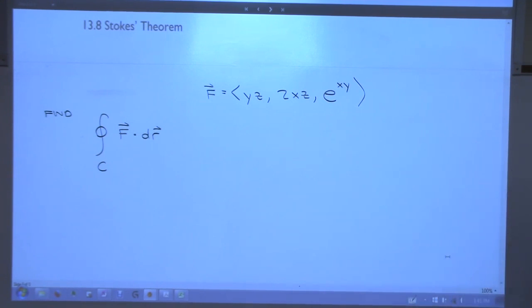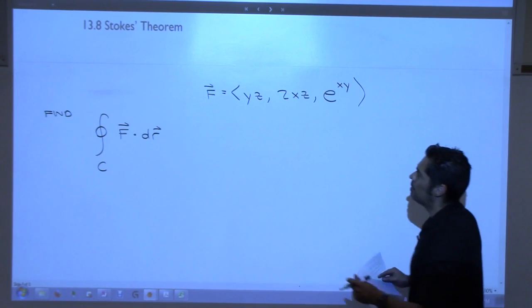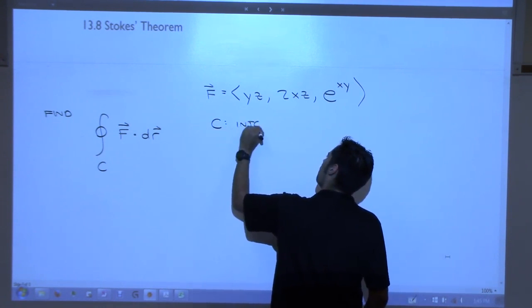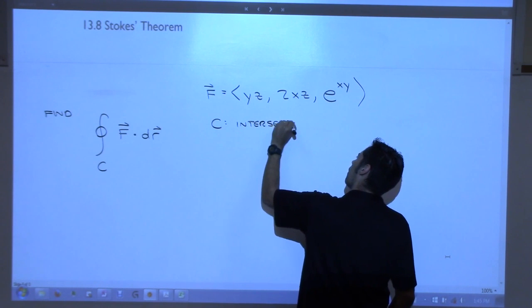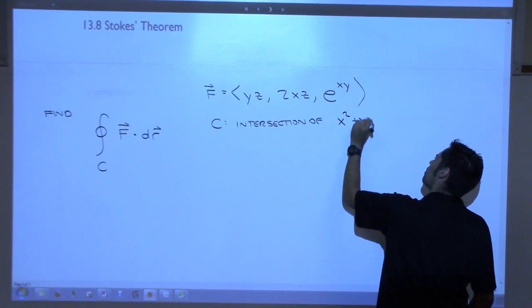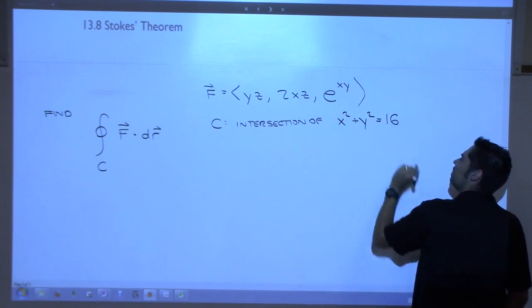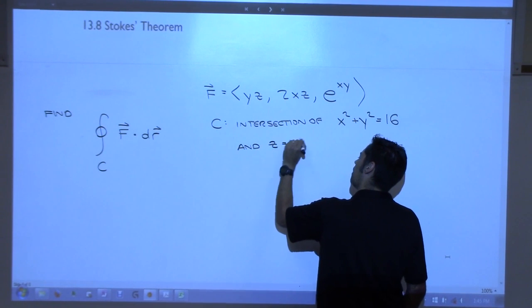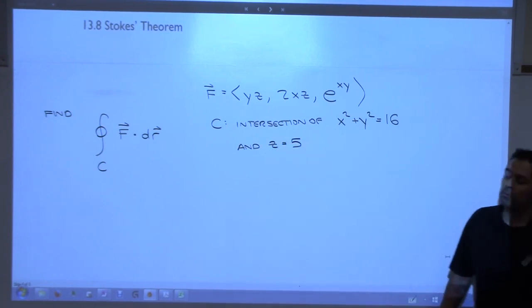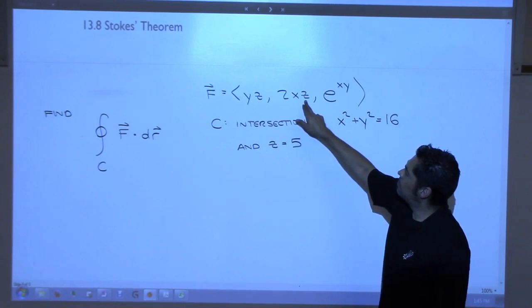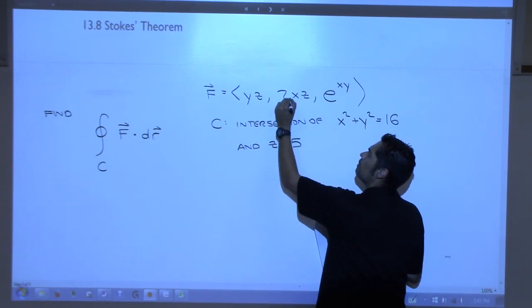And my curve C is the intersection of x squared plus y squared equals 16 and z equals 5. Yes, I strike my z's. So that's a 2.